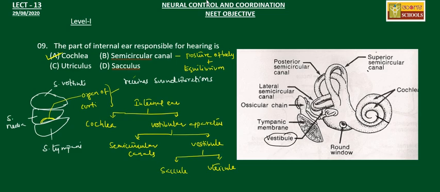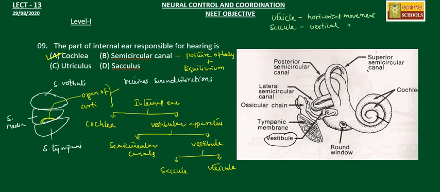Then coming to the vestibular parts like utricle and saccule. So this utricle is mainly responsible for receiving information on horizontal movement. So whenever we go in a motorcycle or in a bus or car, that horizontal movement is perceived by this utricle, whereas in the case of saccule, it perceives vertical movement.